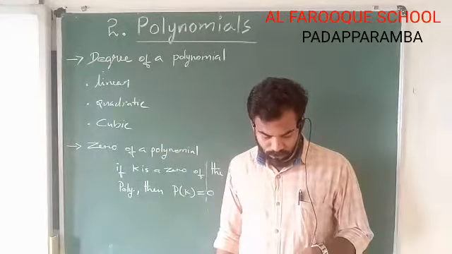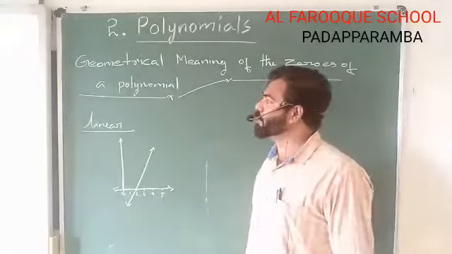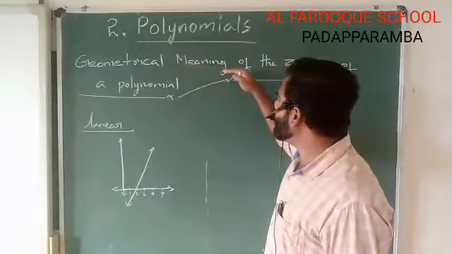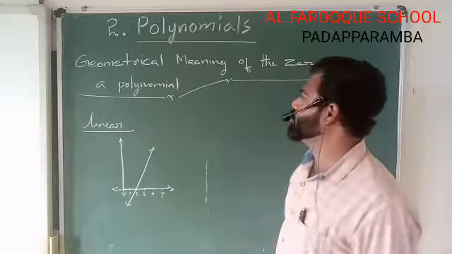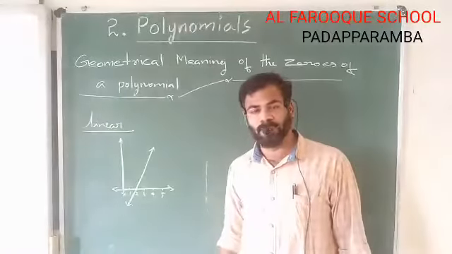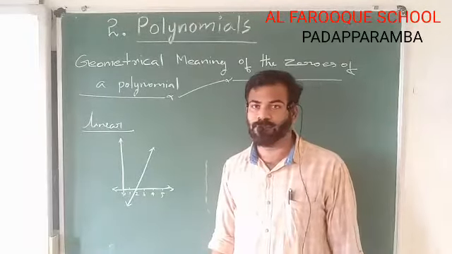Now we are moving to the first point of this chapter, that is geometrical meaning of the zeros of a polynomial.